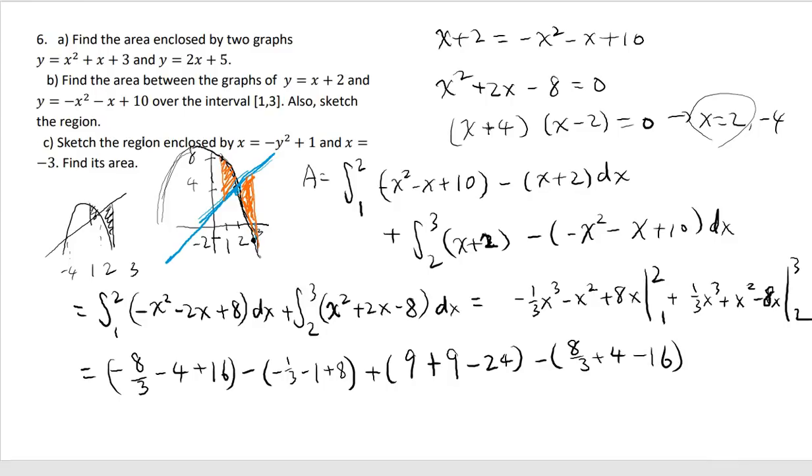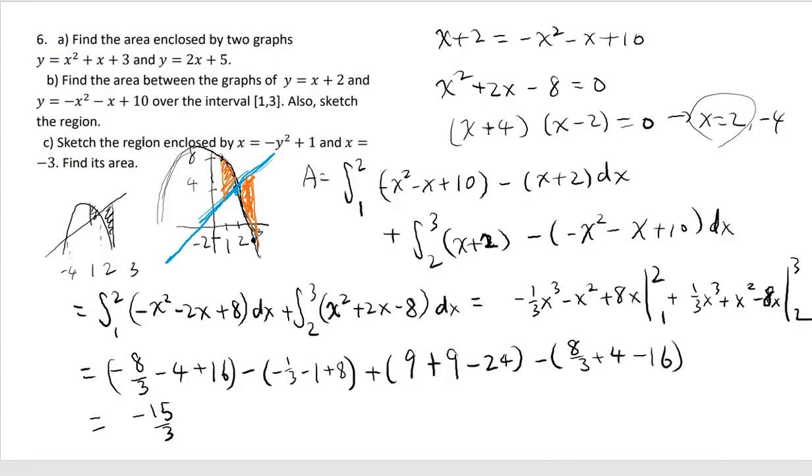And we have to add these numbers together, and we'll just consider the fractions first. So you have negative 8 over 3 plus 1/3, so it's negative 7 over 3 minus 8 over 3, which is negative 15 over 3. That's what we get if we just add the fractions.